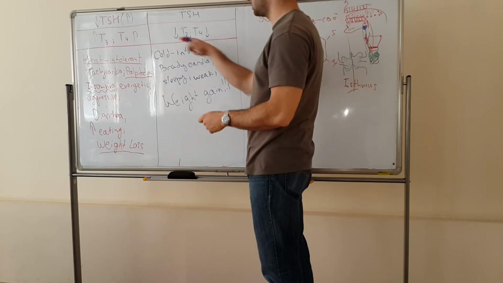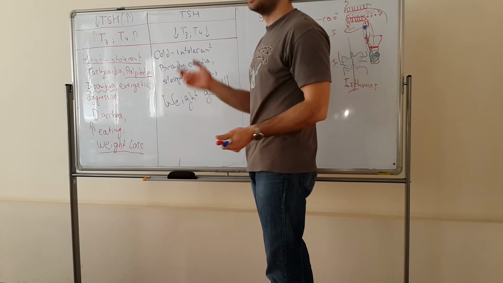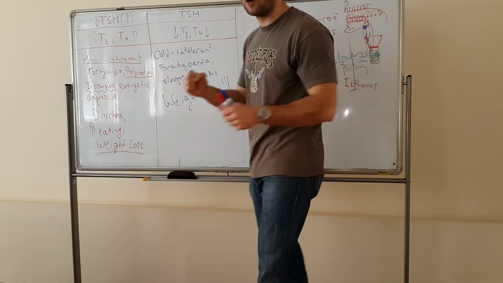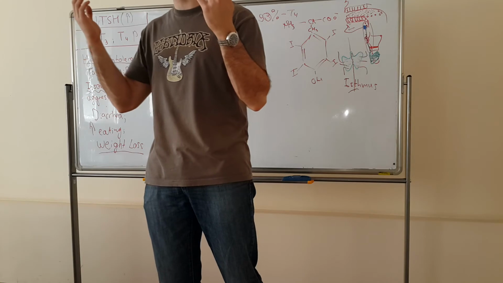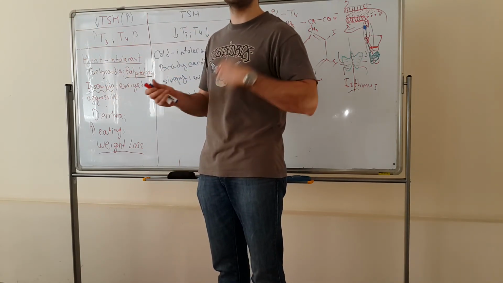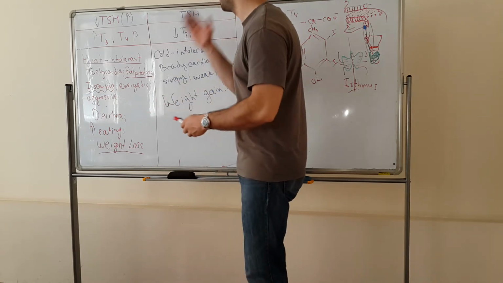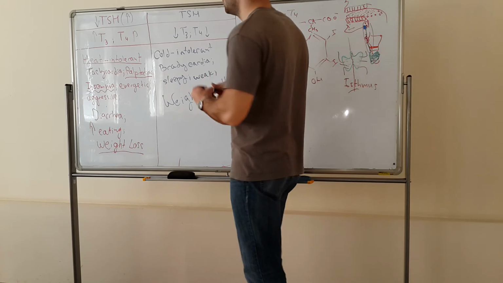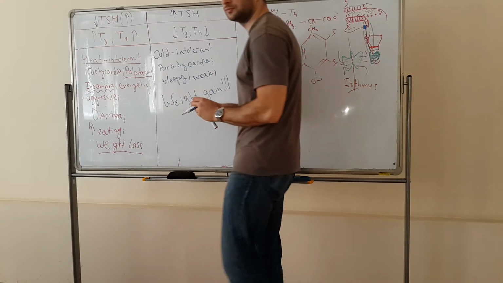If the thyroid is dead and just cannot do anything else, the pituitary says, oh, now I need to produce more TSH to get the thyroid function back to normal. But because the thyroid just doesn't function, no matter how much TSH you produce, there's no response from the thyroid. So it produces and produces and produces. So if it's because of the thyroid, TSH goes up.